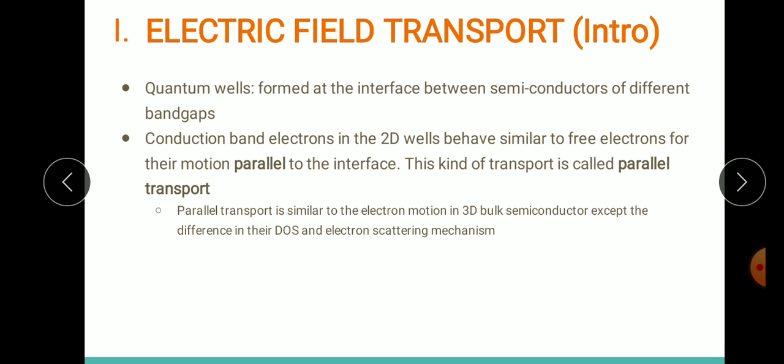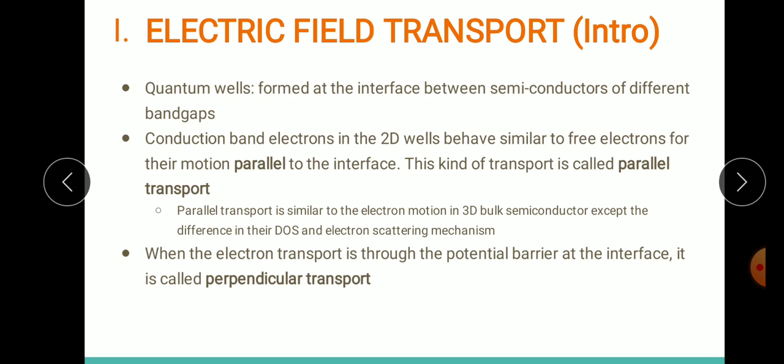Now, apart from the parallel transport, we have another kind of transport called the perpendicular transport, and we can at least guess from the name that when the electron travels in a direction which is perpendicular to your interface or perpendicular to your potential barrier, this is called perpendicular transport.